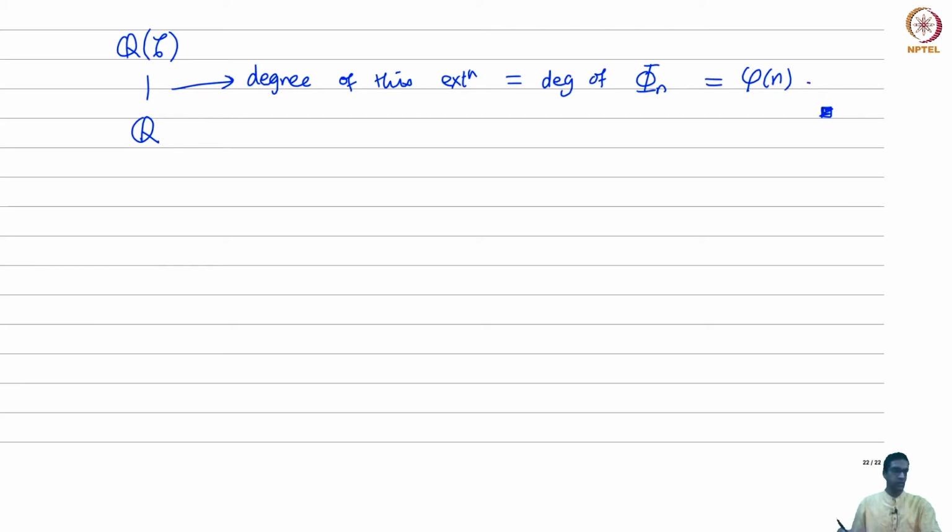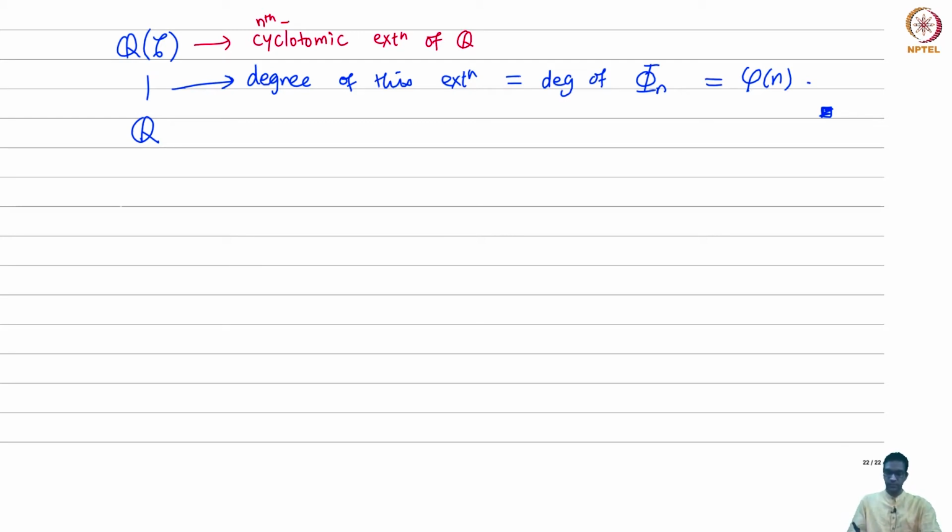Recall, as we said in the beginning, that this is actually a Galois extension. This field is what we call the nth cyclotomic extension, a cyclotomic field or a cyclotomic extension of Q, and we say nth cyclotomic to keep track of the fact that it's nth roots of unity that you're adjoining.